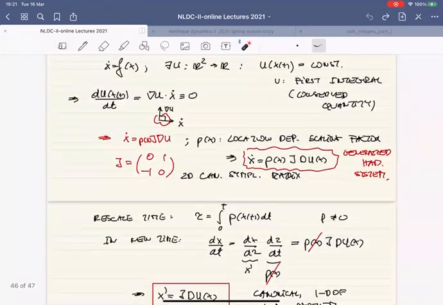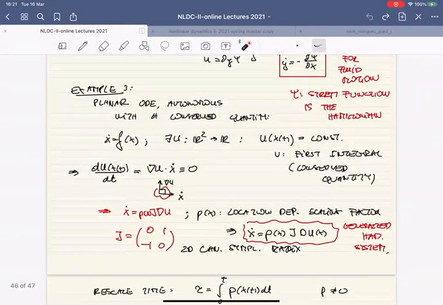I also noted, in the third example, that if you have a completely general planar autonomous system, potentially with nothing to do with mechanics or even physics in general, but you've written down a model for something, and you find that that model has a conserved quantity, a first integral, as we sometimes say in dynamical systems using classical terms, meaning it's conserved along trajectories, then you can show that the system will have a generalized Hamiltonian structure.